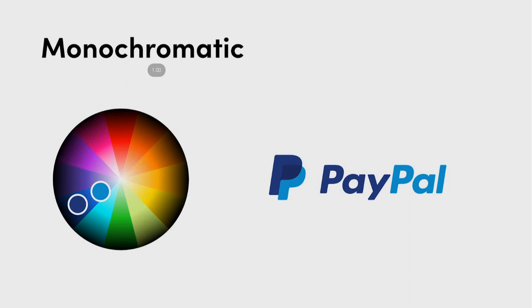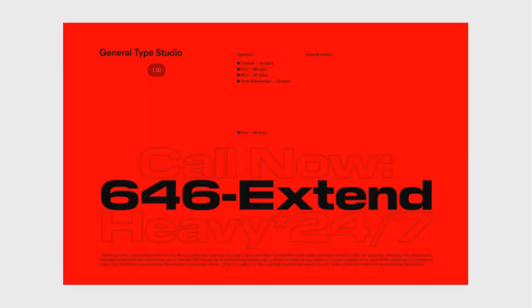And the good thing about this is, there are not many mistakes that can happen here. It's only one color, and obviously the different shades of the same color look good together. So that's a great, pretty simple approach. Here's an example of a web design that's using only one color.